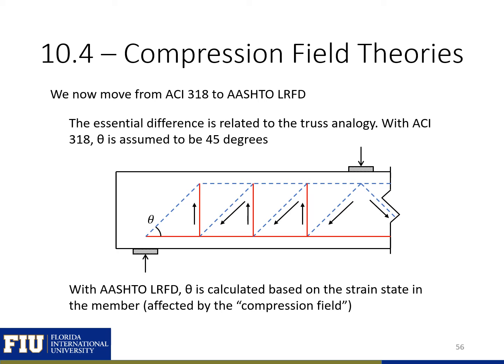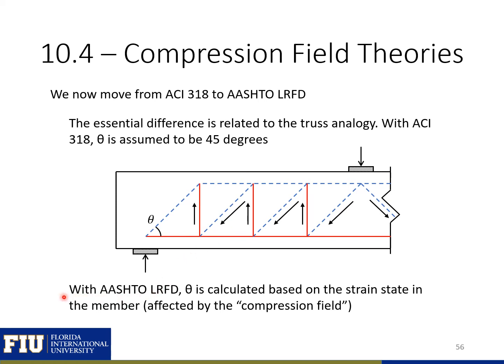We'll next move on from our ACI 318 discussion to a discussion on how AASHTO LRFD accounts for our shear resistance. The essential difference is related to our truss analogy. With ACI 318, our theta, or the angle between our inclined members and the horizontal, is assumed to be 45 degrees.